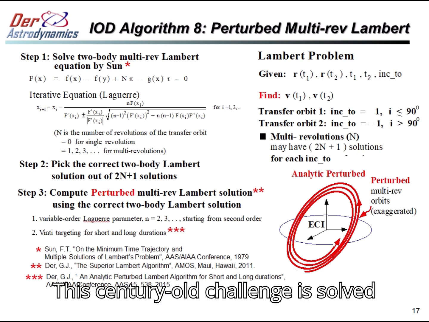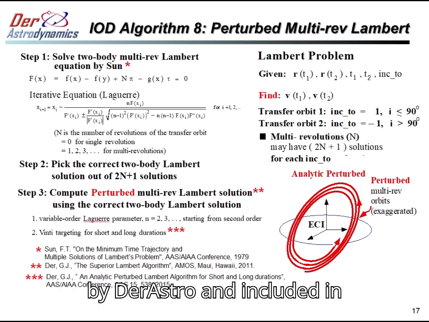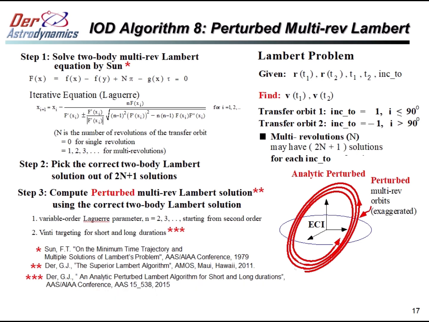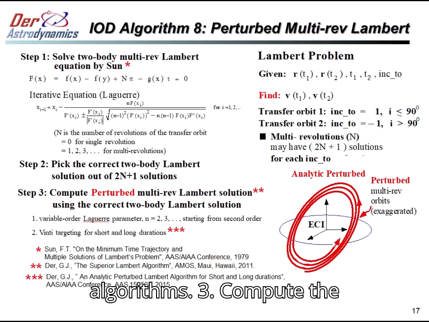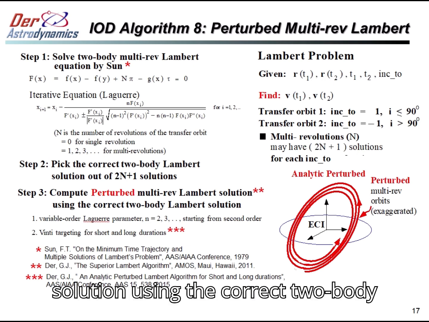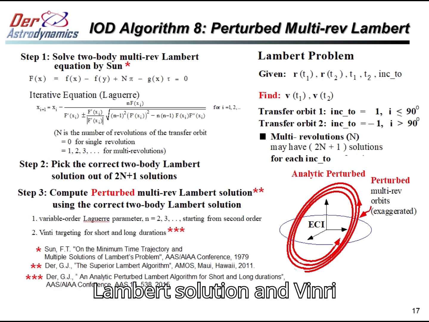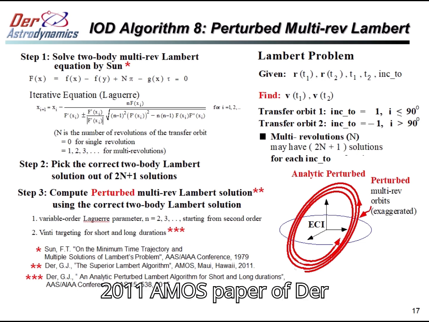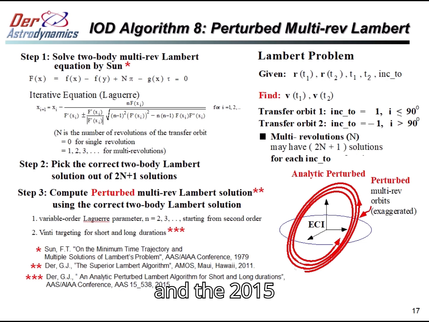This century-old challenge is solved by the ASTRO and included in the professional version of the ASTRO algorithms. 3. Compute the perturbed multi-rev Lambert solution using the correct two-body Lambert solution and Winti targeting as described in the 2011 AMOS paper of Durr and the 2015 AAS AIAA paper of Durr.